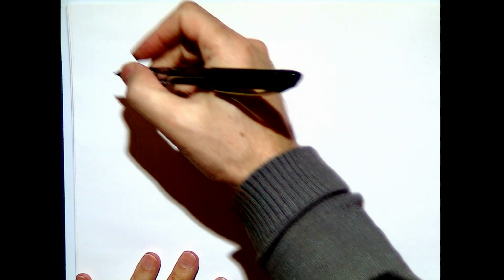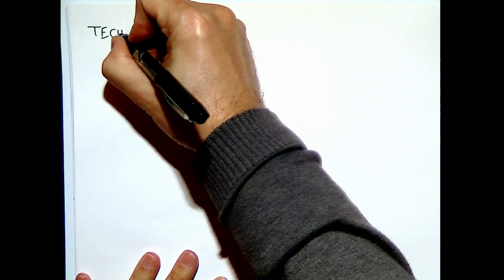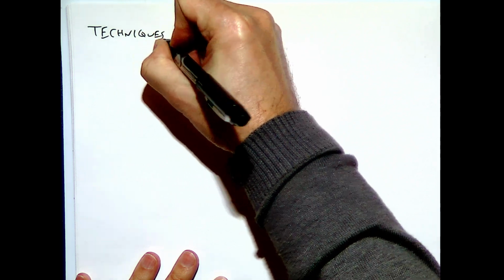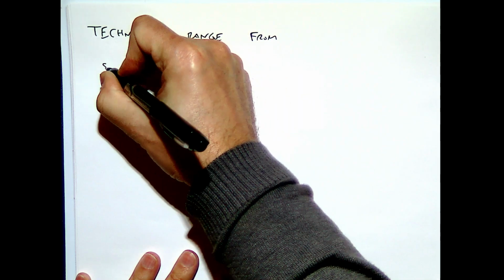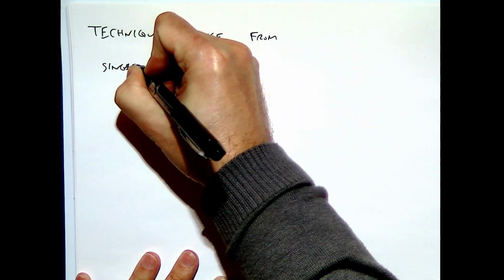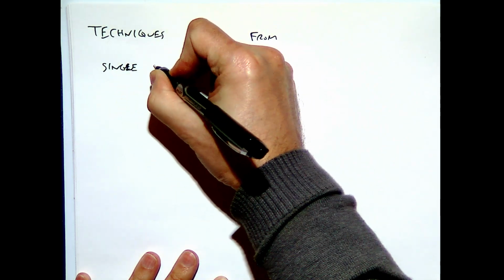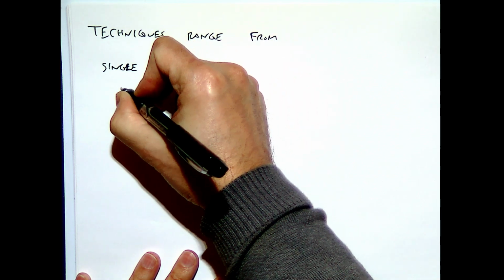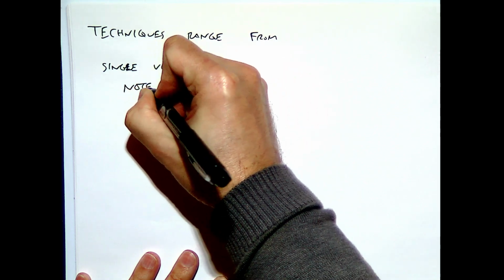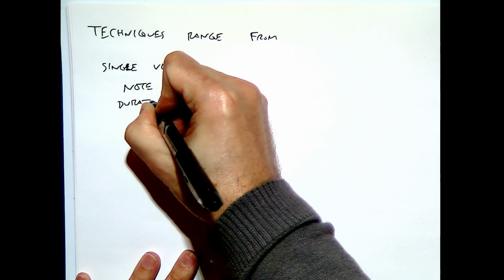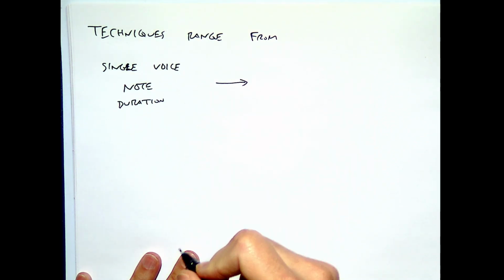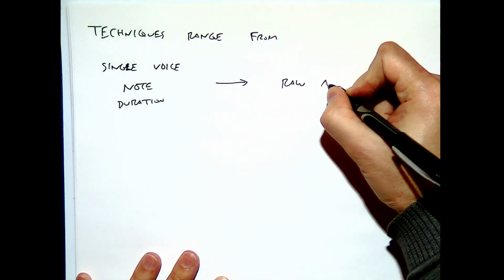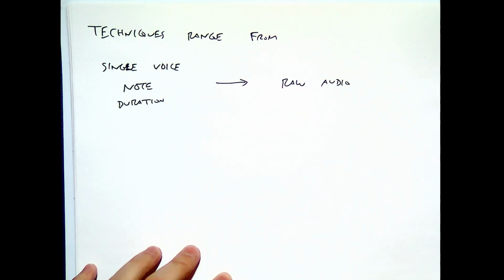So basically, techniques range from a single voice, one instrument at a time, where I could model the note and duration for each of these things, all the way to raw audio, where I don't model notes or voices at all. I just model samples, right?